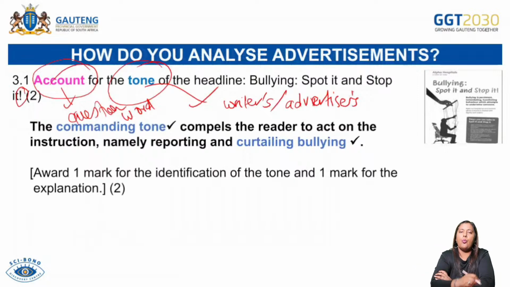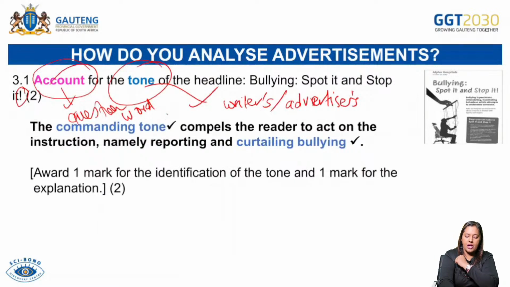Right. So what kind of tone did he use in this instance is what we are talking about. When you look at the words spot it and stop it, it is very much a commanding tone. In other words, do it and stop it. All right? It's assertive. It's commanding.